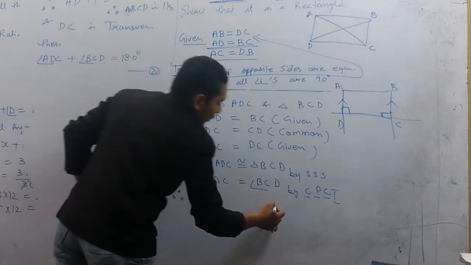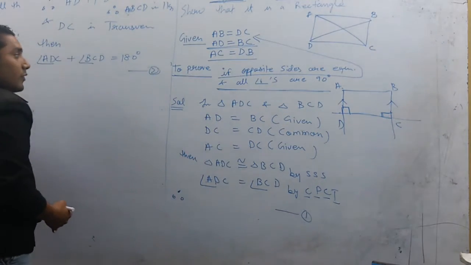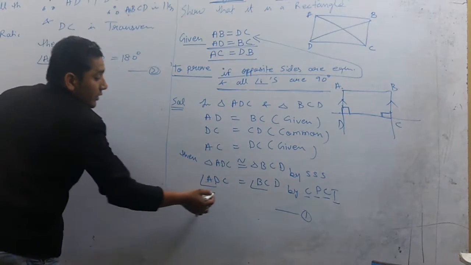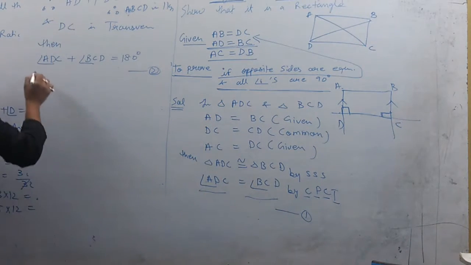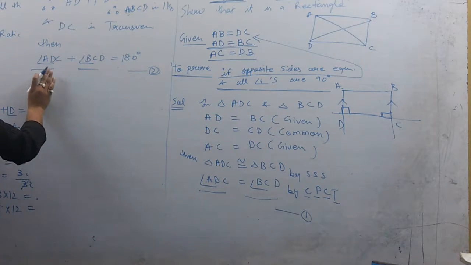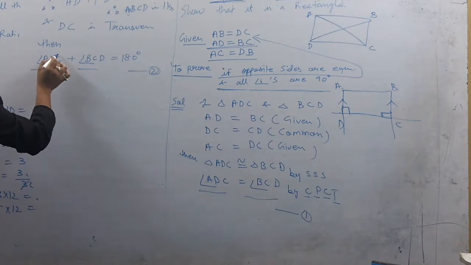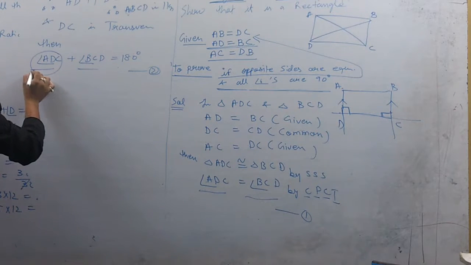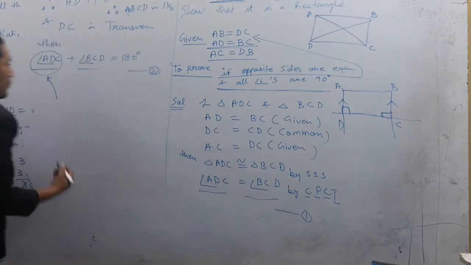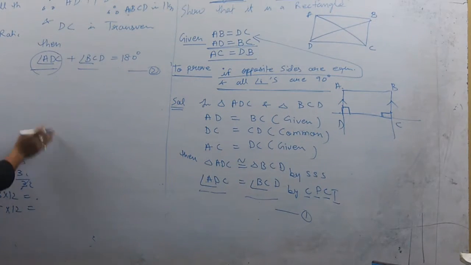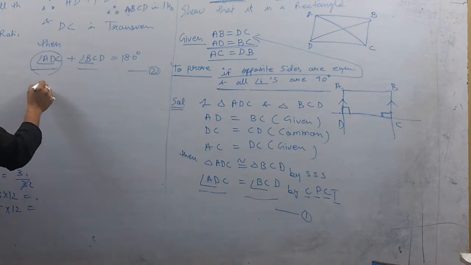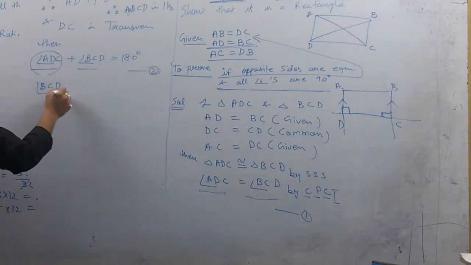This is equation 2, and here we write equation 1. Then you clearly see this angle is equal to this, and the sum of this plus this is equal to 180. Then we put ADC equal to BCD. So in the place of ADC we put BCD, because ADC is equal to BCD.